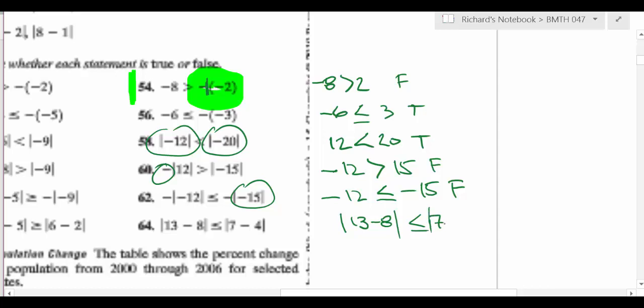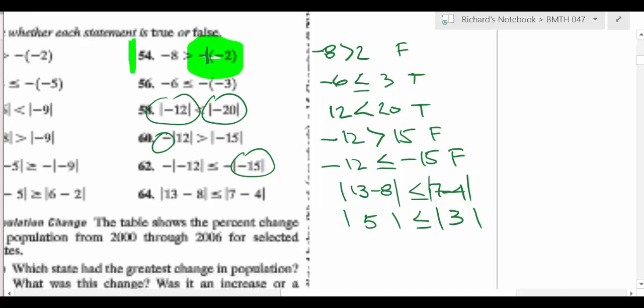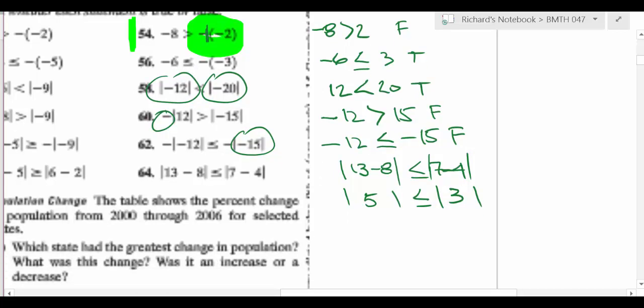I write down the absolute value signs and evaluate what's inside. 13 plus negative 8, more about that later, 13 minus 8 is 5. 7 minus 4 is 3. Now I evaluate the absolute values: the absolute value of 5 is 5, less than or equal to the absolute value of 3, which is 3. Well, 5 is not less than 3, so this is false.